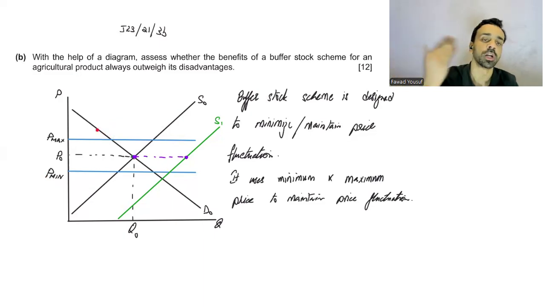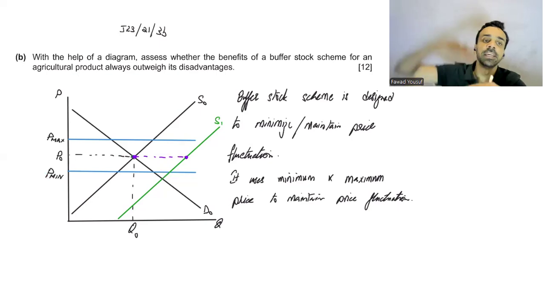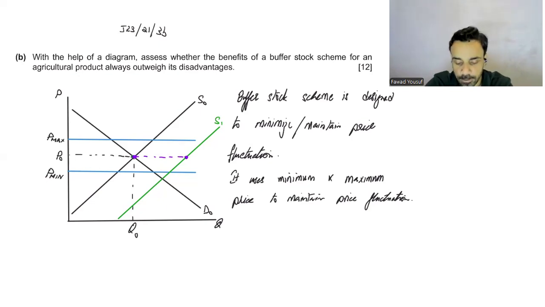That will happen when a poor harvest situation comes. Right now it's not playing any role, but it's just there as a buffer, so that in case the price wants to go up, this will come into play and bring it back down. Am I making sense?